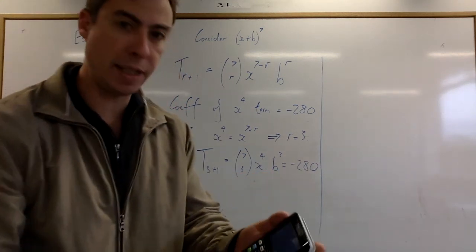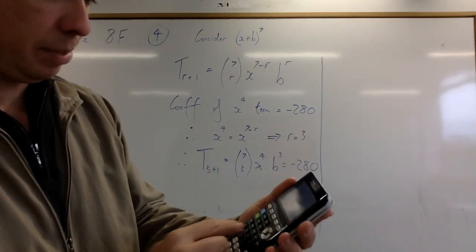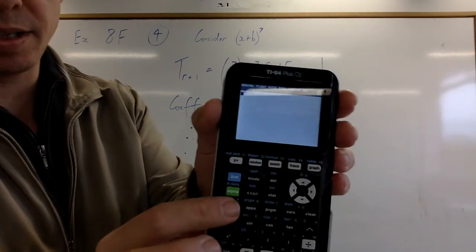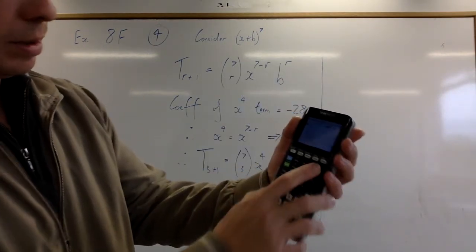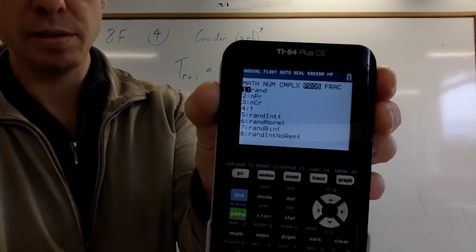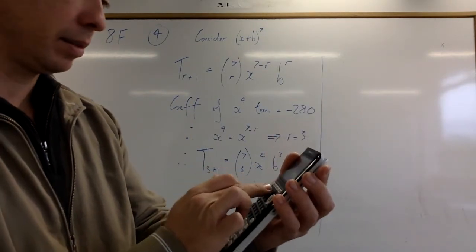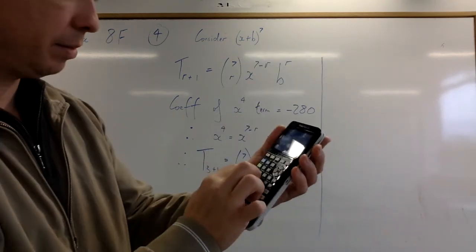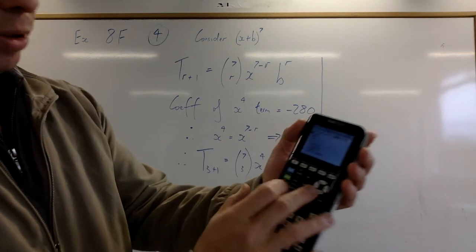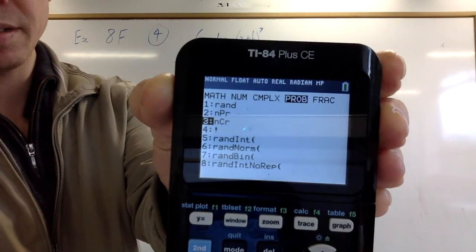So I'm going to go to my calculator and find out what 7 choose 3 is. I press math. You can see it, math. Then I go over to prob. Enter. And then I start again. Math. Prob. I go down to n choose r.